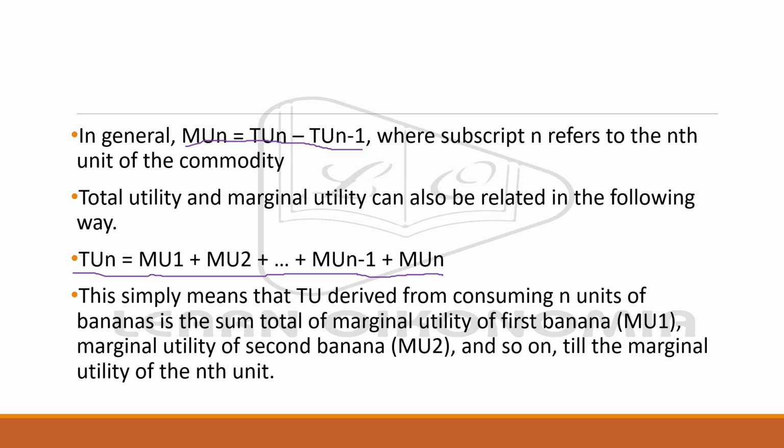If you go back to the example of banana, the total utility of consuming n units of banana would be the sum of MU of the first banana, which is MU1, then along with that you add MU of the second banana, that is MU2, and so on till the utility of the nth unit.